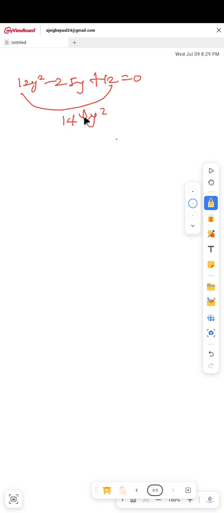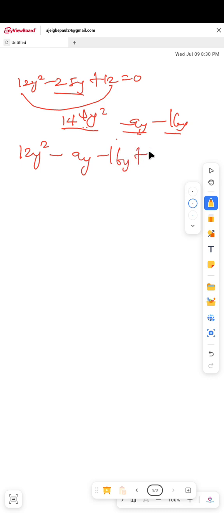So we need two factors that multiply together to give 144y squared, and when added give minus 25y. So the two factors are minus 9y and minus 16y, because minus 9y multiplied by minus 16y gives positive 144y squared, and minus 9y minus 16y gives minus 25y. So this will be 12y squared minus 9y minus 16y plus 12 is equal to 0.